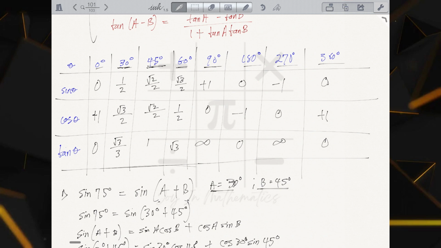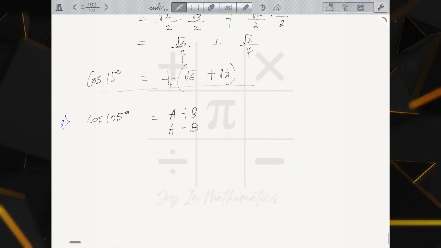So if we look at it, 90 degrees minus 45 degrees is equivalent to 45 degrees, which doesn't work. But if we add 45 degrees and 60 degrees, we will have 105 degrees. So that means the two angles we are adding together are 45 degrees and 60 degrees.